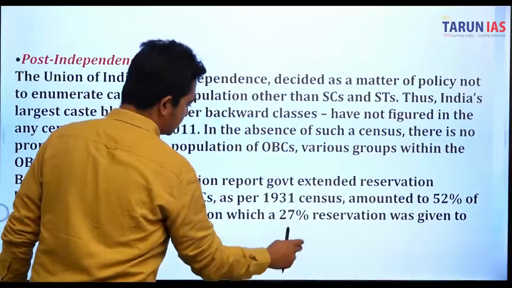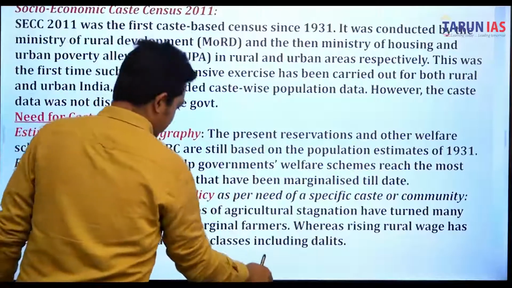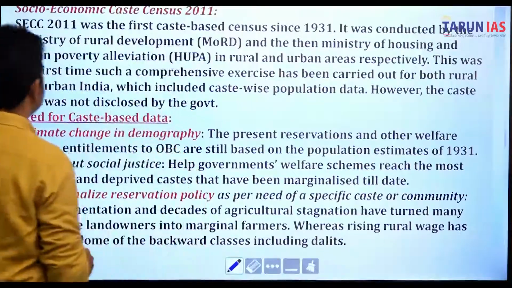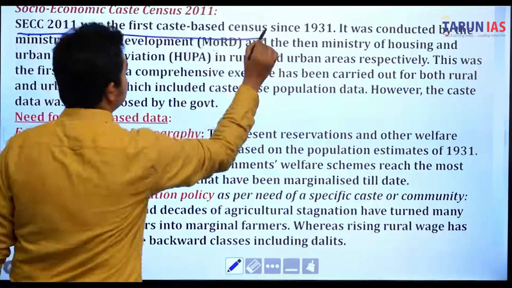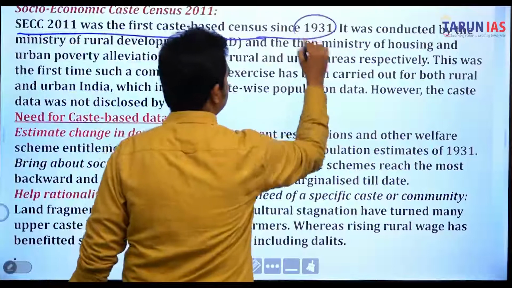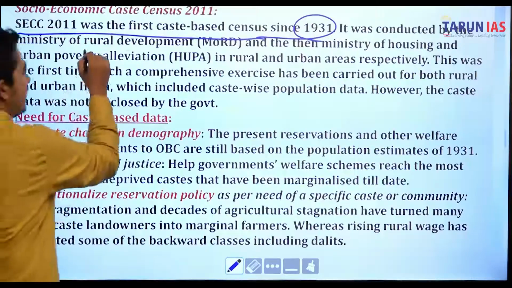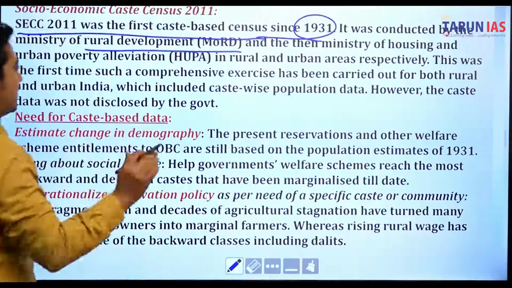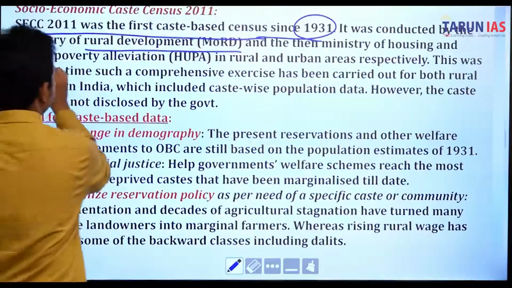That's why this data is very important in terms of the socio-economic caste census, because SECC 2011 was the first caste-based census since 1931. It was conducted after a very long period of time, by the Ministry of Rural Development, MoRD, and the Ministry of Housing and Urban Poverty Alleviation, HUPA.